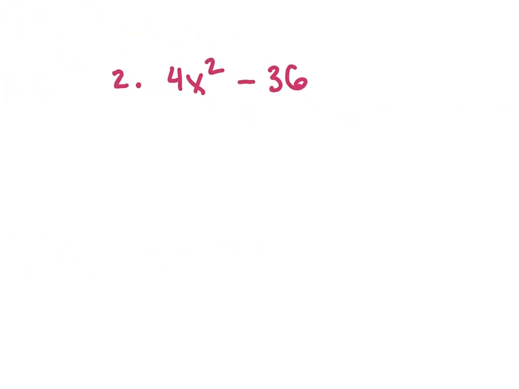All right, how do we factor this? Divide by 4. Sure, we can take out a 4. So then we have x squared minus, what's 36 divided by 4? 9. Can we factor this anymore?